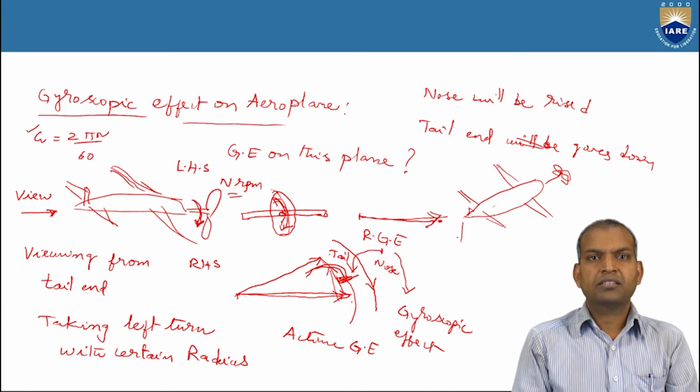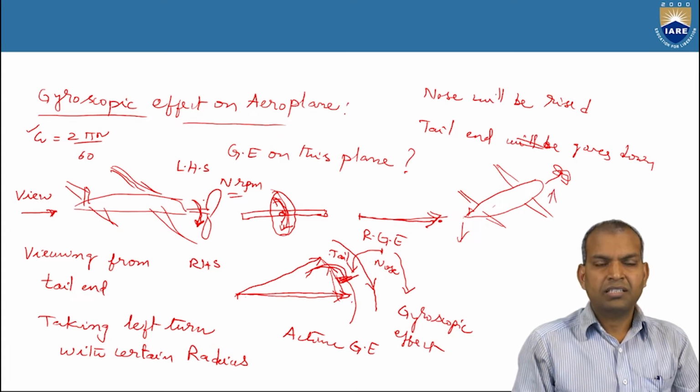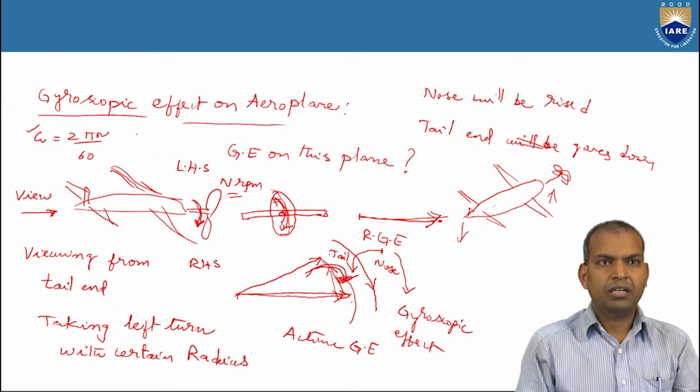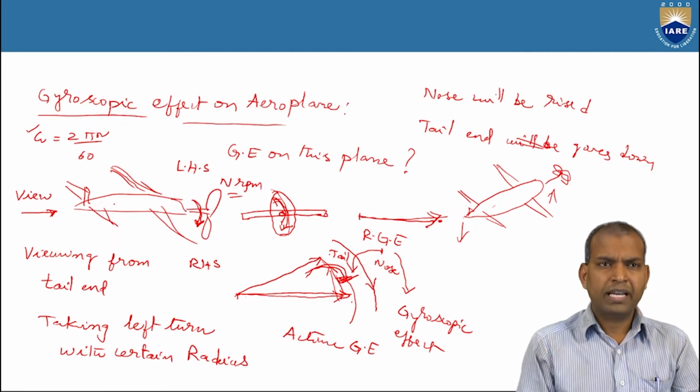That is the effect of the gyroscopic couple in these conditions. The conditions are: when viewing from the rear end, the propeller is rotating clockwise and the plane is taking a left turn.